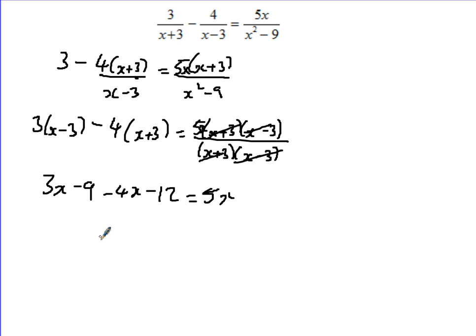This then gives you these two together, the 3x minus 4x is minus x, then we've got this and this together, which then gives us minus 21. If I then add the x onto this side, I get 6x equals minus 21, and divide through by 6, that will give me the value of minus 3.5.